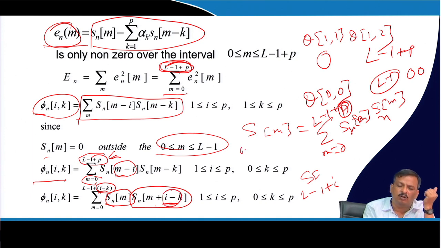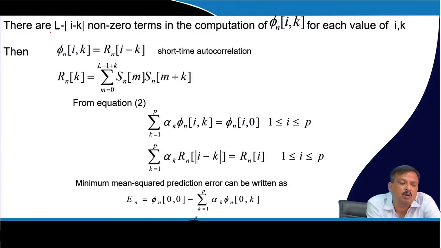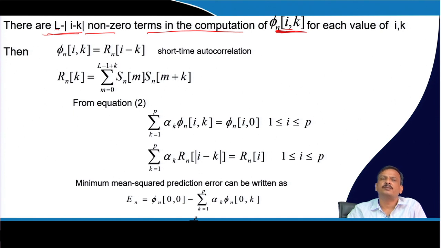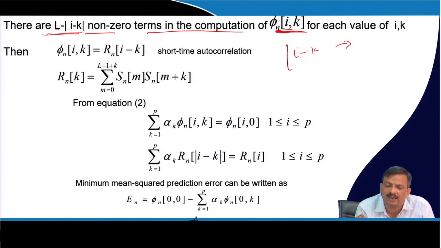So i minus k is an absolute value. If i equal to 0 and k equal to 1, that value is minus 1. Let us say mod of i minus k. So I can say L minus mod of i minus k gives the non-zero terms in the computation of phi ik. Whether i minus k is negative or positive, it has a value.